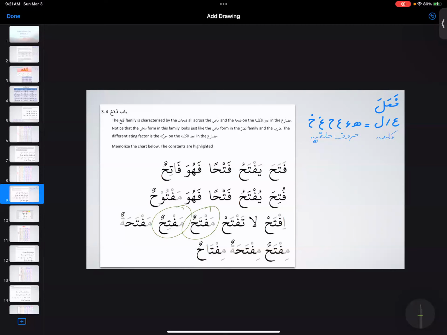And maftahatun, this ta marbuta is basically when some action is happening in a large quantity and quality, so it is happening a lot, then that pattern is used. The example is madrasatun. Remember it that way.